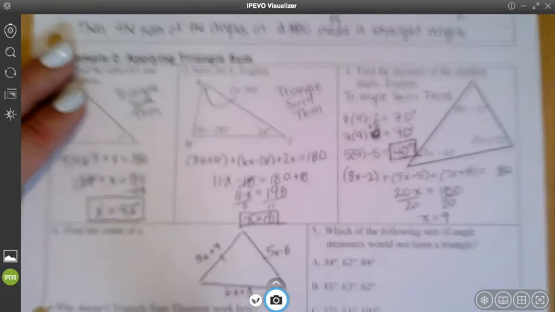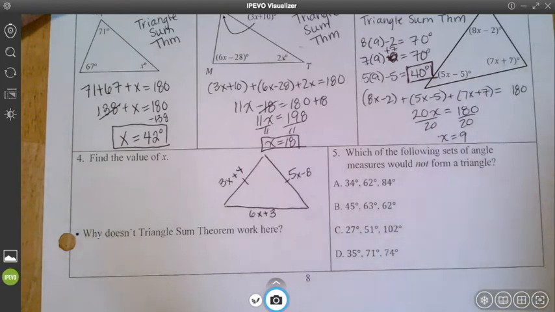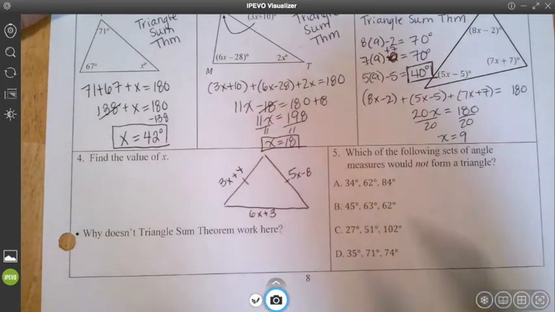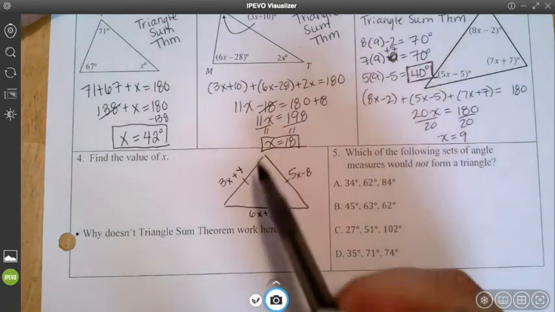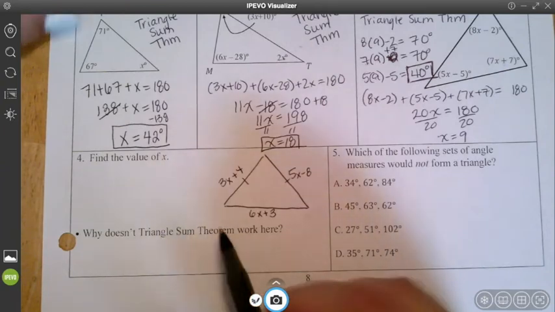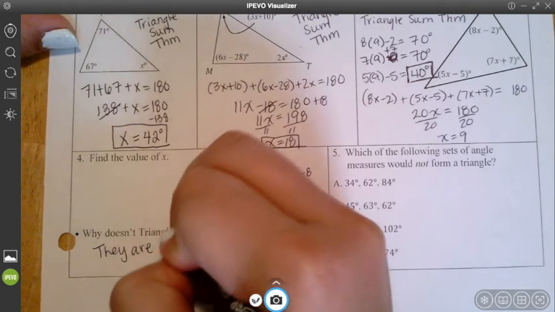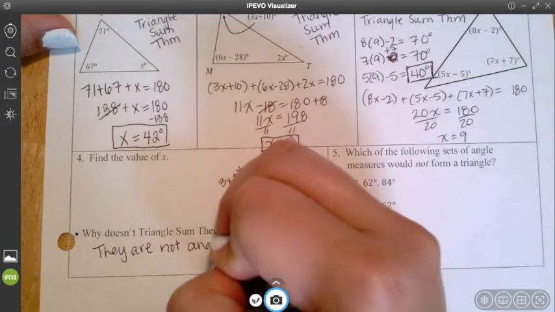Looking at number 4, we want to find the value of x. Can I add these up to equal 180? We cannot because these are not angle measures. So we cannot use the triangle sum theorem here.